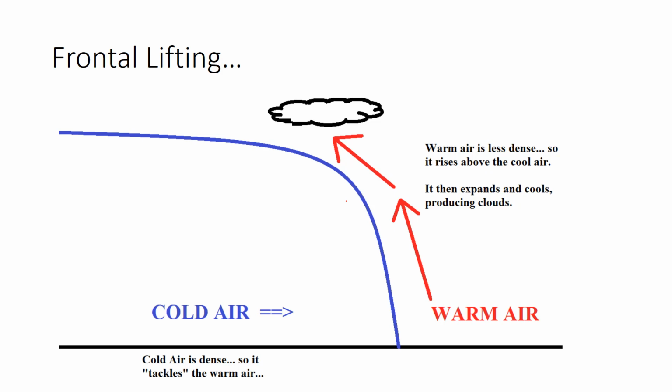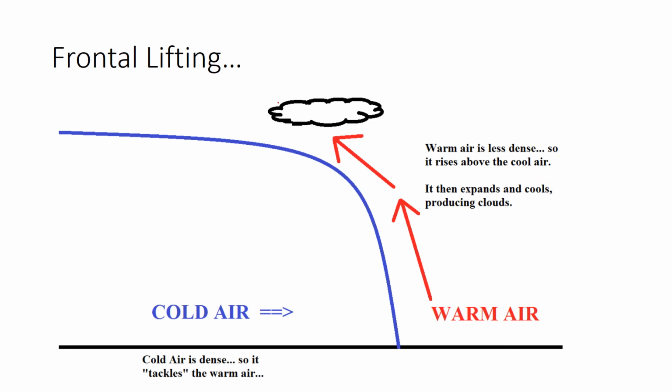So in the event of frontal lifting, whether it's a warm front or a cold front, the warm air ends up rising up and over the cold air. And then, as I mentioned, as air rises, it expands, cools, and condenses. Meanwhile, the cold air is rushing in, and it's forcing that warm air up and over.